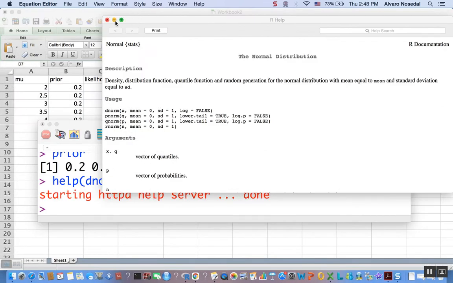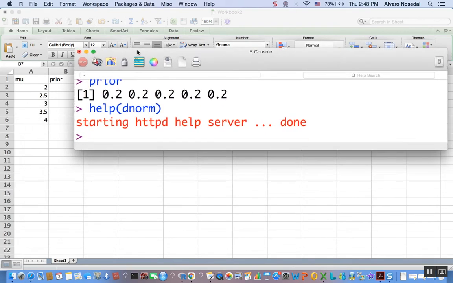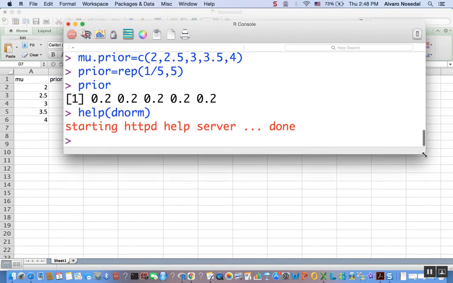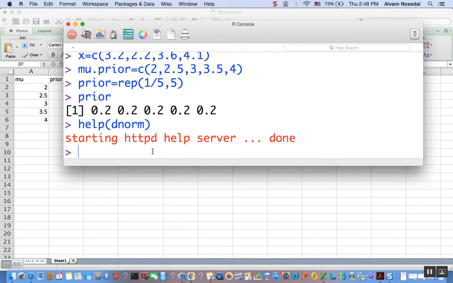So here we go. Let's use dnorm to do that evaluation. We're evaluating at the mean of our vector x, that's the mean for our sample. For the mean parameter, we're going to be evaluating at these 5 different values, so mu.prior. For the standard deviation, as we said, we're assuming that sigma is 1.